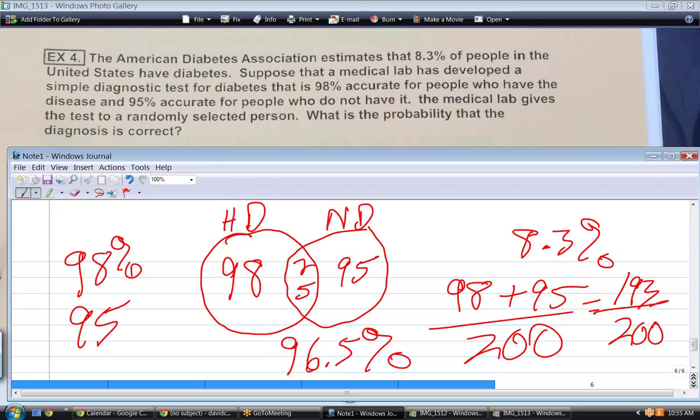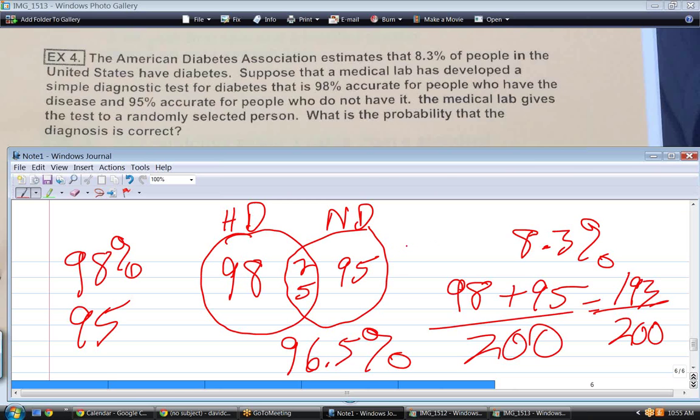And that seems reasonable, but I'm not sure that's correct, let me think about it for a second. Okay. It seems like it might be, oh no, hold on a second, let's see. No, we gotta weight it. In other words, we can't take a simple average of the 98% and the 95%, because there's a whole lot more people that have no diabetes than there are people that have diabetes.